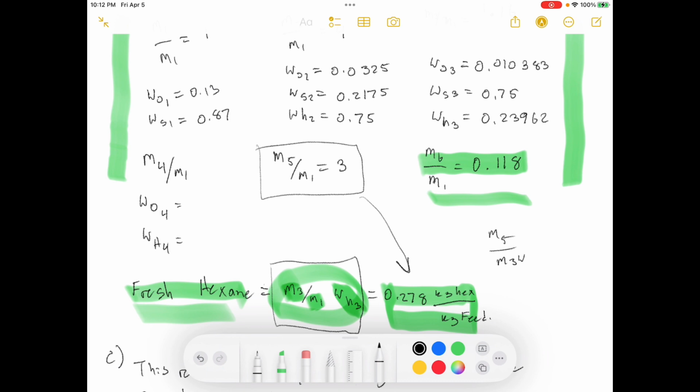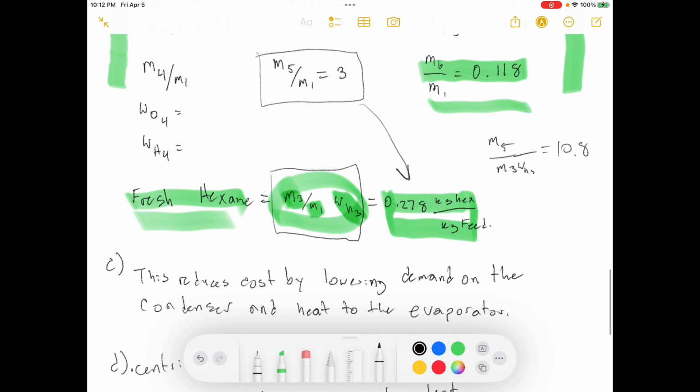M3 times WH3, right? Okay. So 3 divided by that, you just pull up your calculator. 3 divided by 0.278. That's 10.8. Okay. There you go. That's the last thing that they asked about.